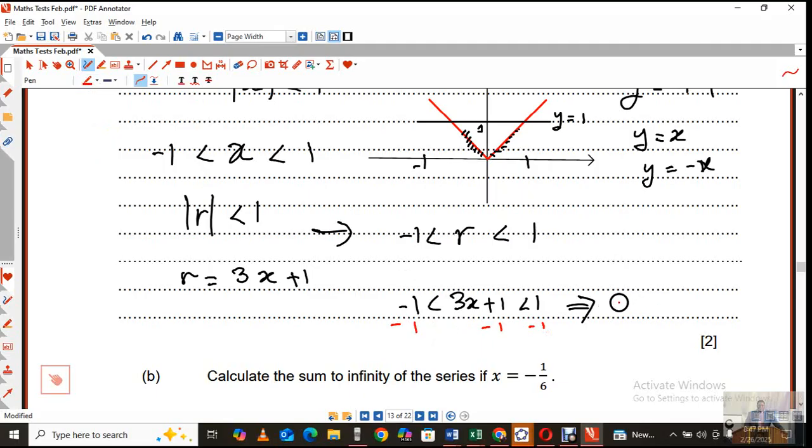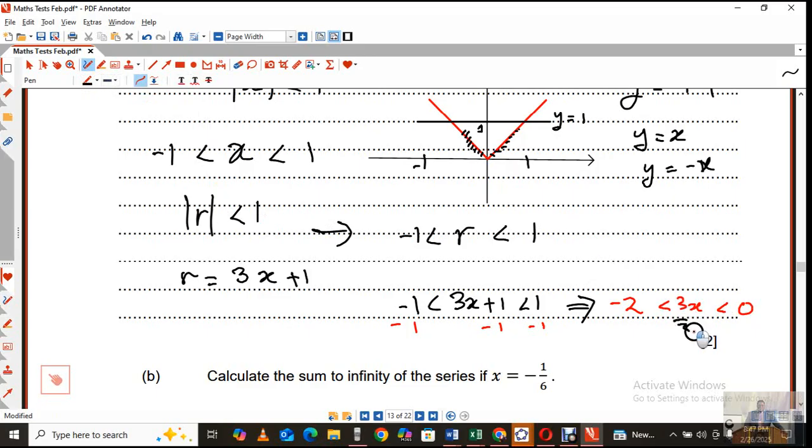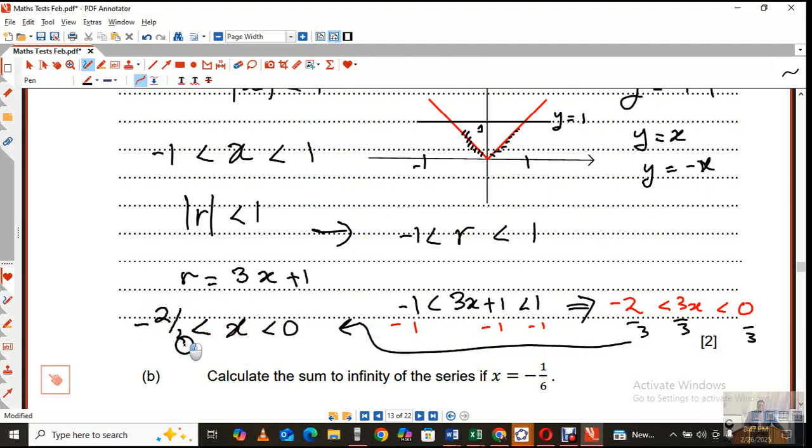I'm going to have -2 less than 3x less than 0. Then the next step is to divide here by 3, here by 3, and here by 3. So my final answer, if I have to write it here, will be x is less than 0 and x is greater than -2/3. This is what we're looking for here.